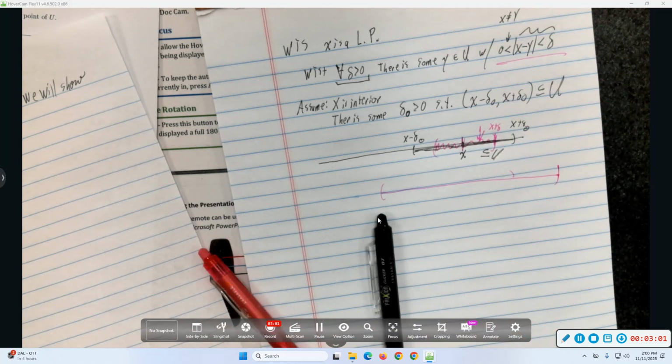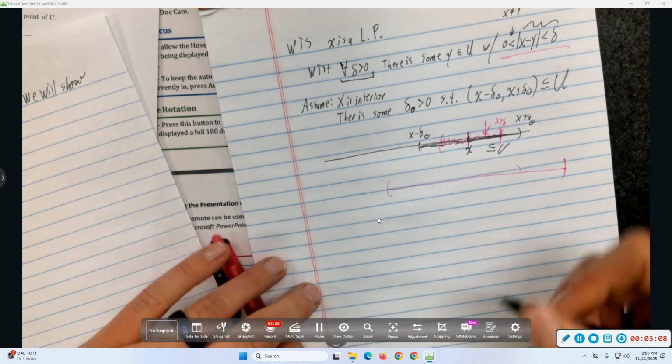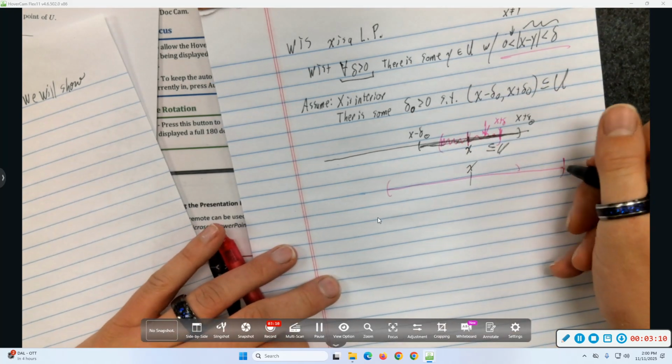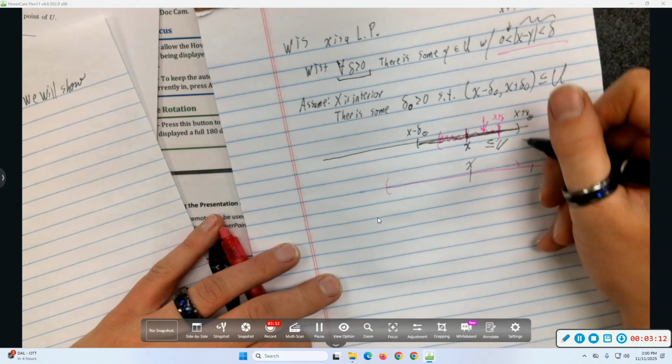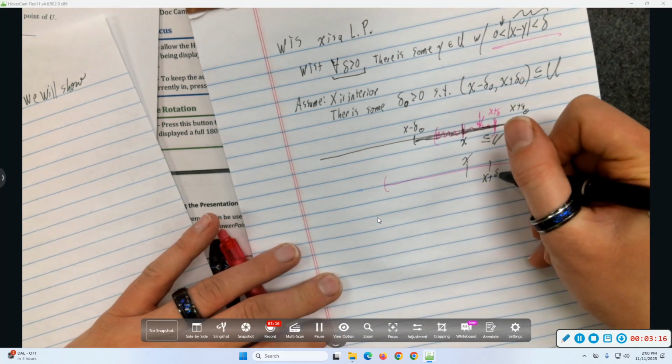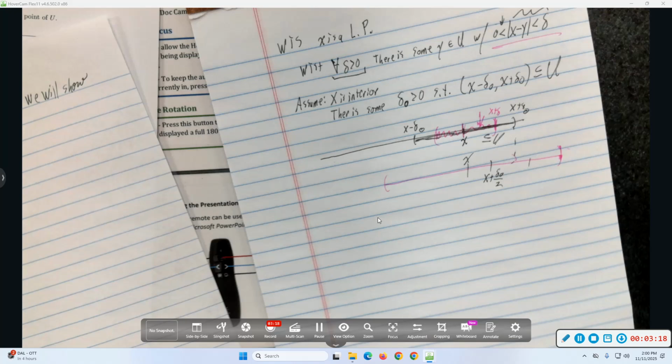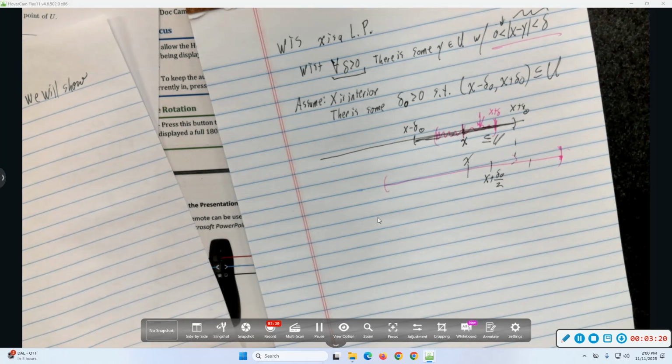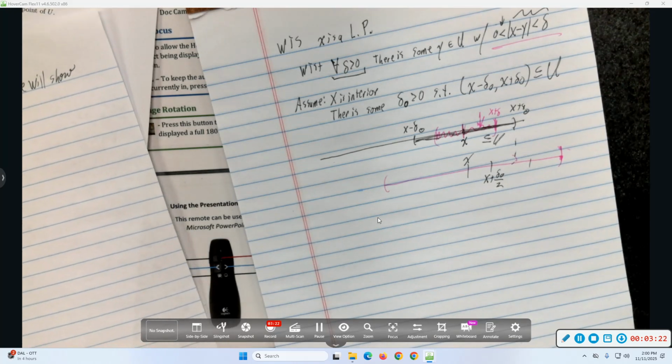In that case, sorry, there's x. Well, the midpoint might still be beyond, but in that case, I think I could just use the midpoint between those two. Oh, cool. I think that'll do.